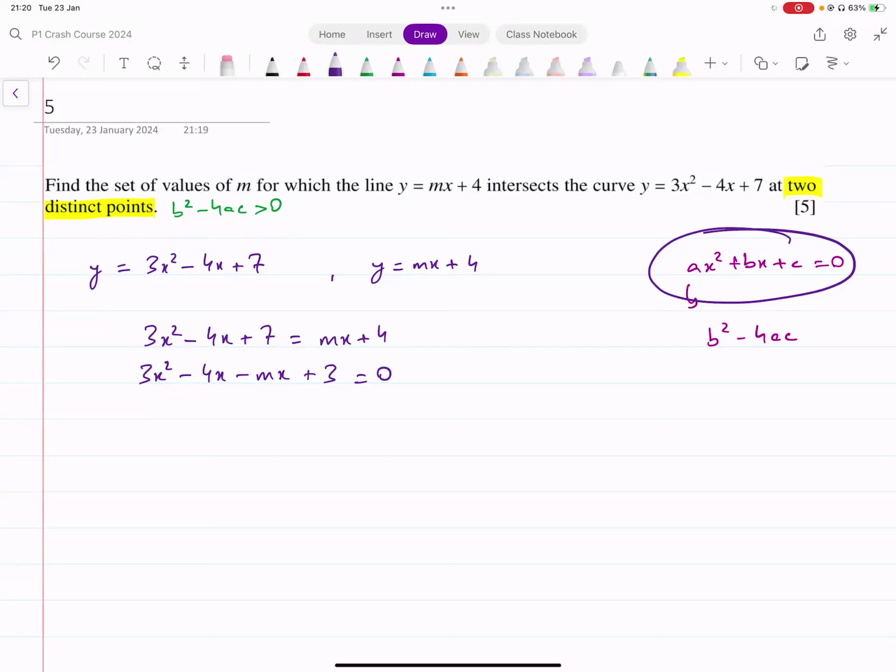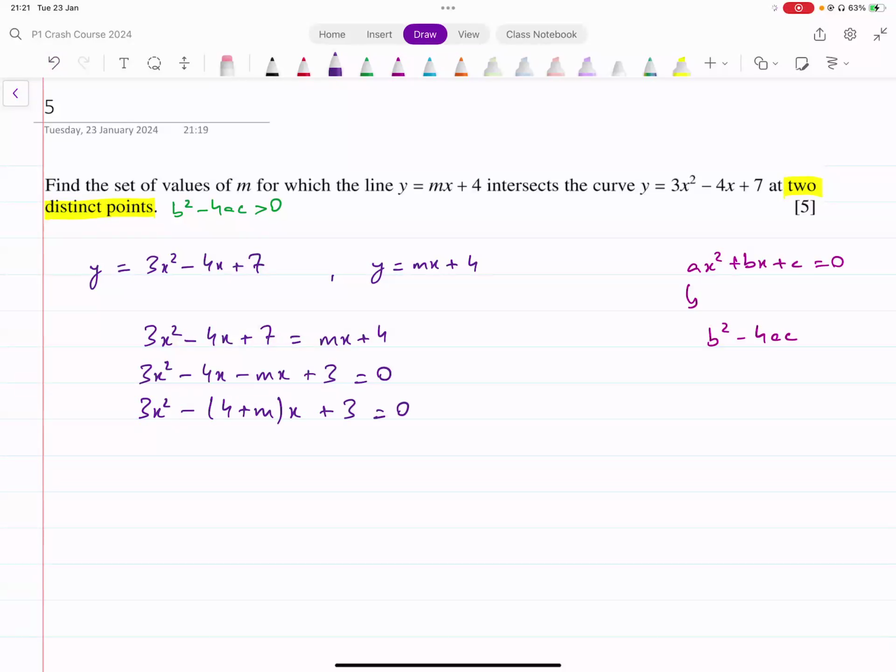We need some coefficient of x squared, some coefficient of x, and a constant term. Coefficient of x squared is 3, so we have 3x squared. What about the coefficient of x? We can take x common here. That leaves us with minus (4 plus m) as the coefficient, and then the constant, which is plus 3.